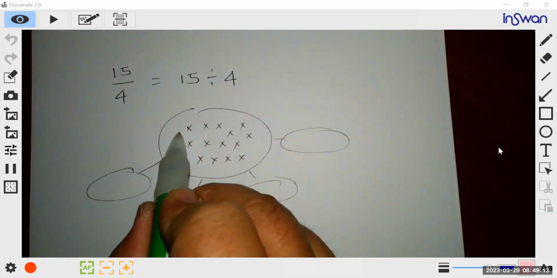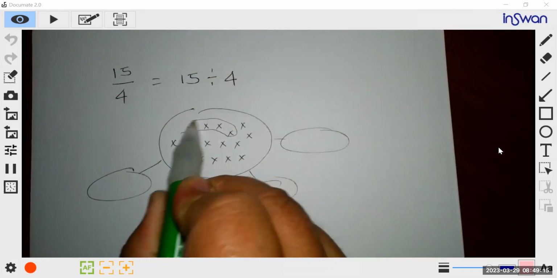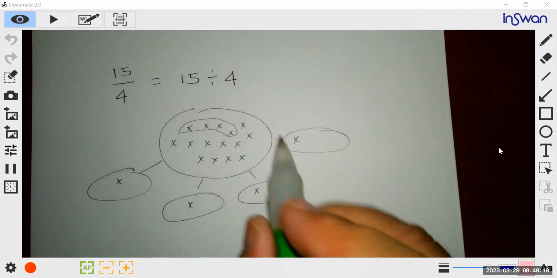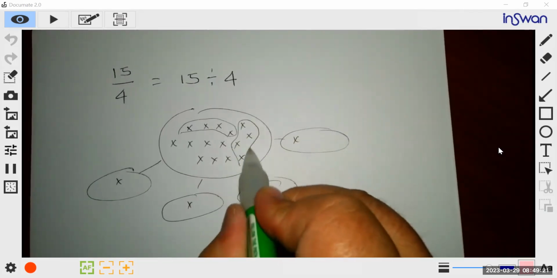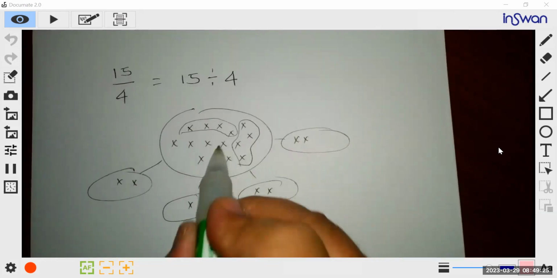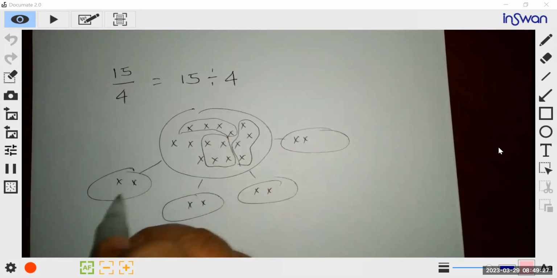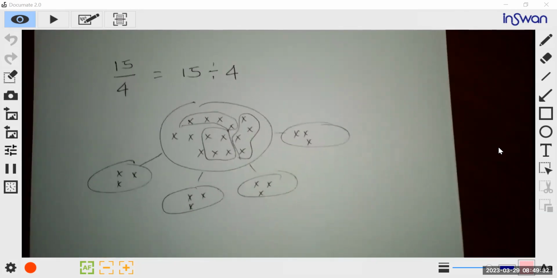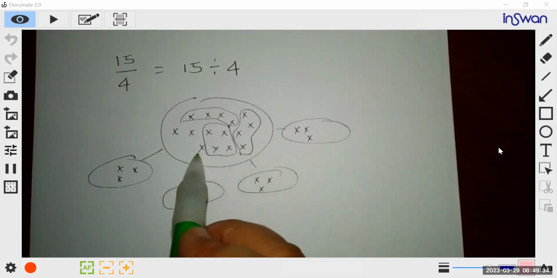So I take out the first 4, 1, 2, 3, 4, and put 1 in each. Take out the next 4, put 1 in each. The next 4. But there's only 3 left.